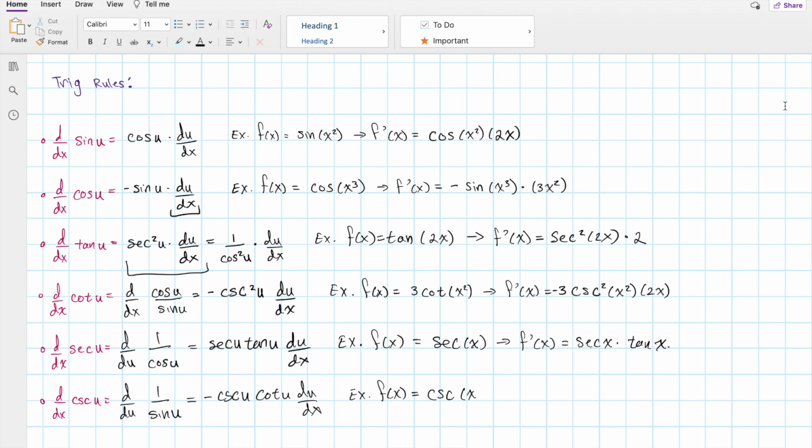Then the derivative of that is going to equal negative cosecant of x squared times cotangent of x squared multiplied by the derivative of what's in the brackets, which is just 2x.